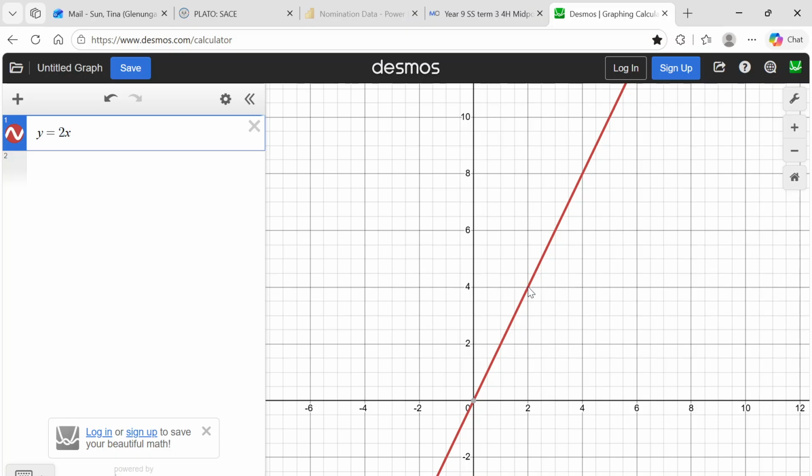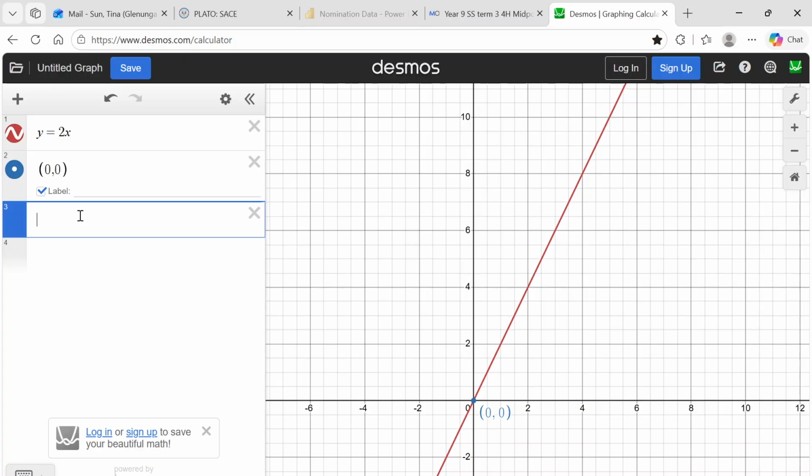And now we can see another one. So I type in (0, 0), and we label this point. And then we type in (1, 2).